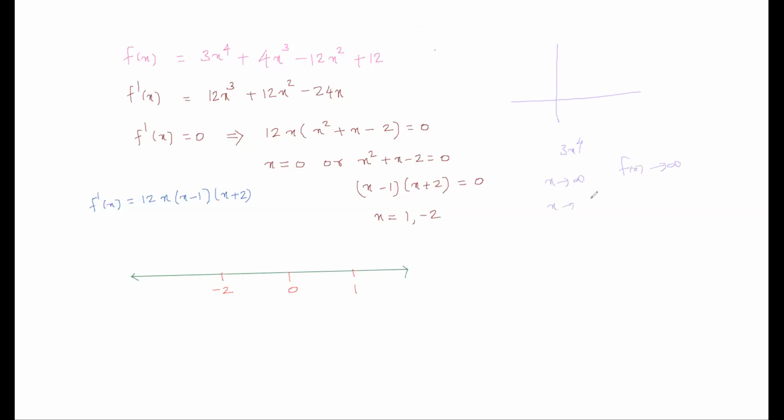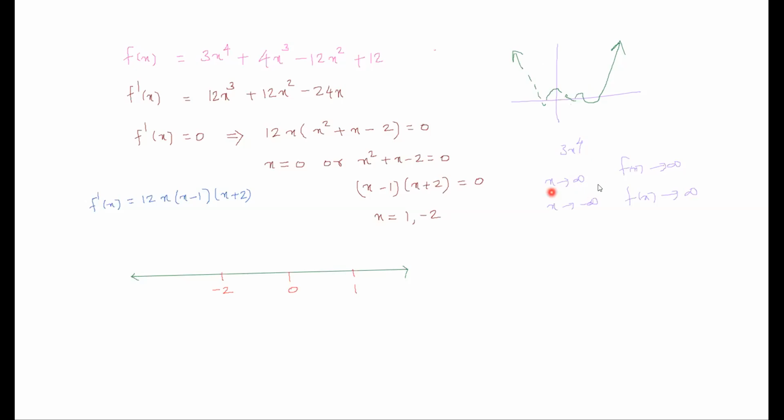And when x is going to minus infinity, x to the power 4 is again a positive number because the power is 4, so f of x will go to infinity there also. Whatever the shape in between, the graph will go up on both ends, so this is the end behavior.